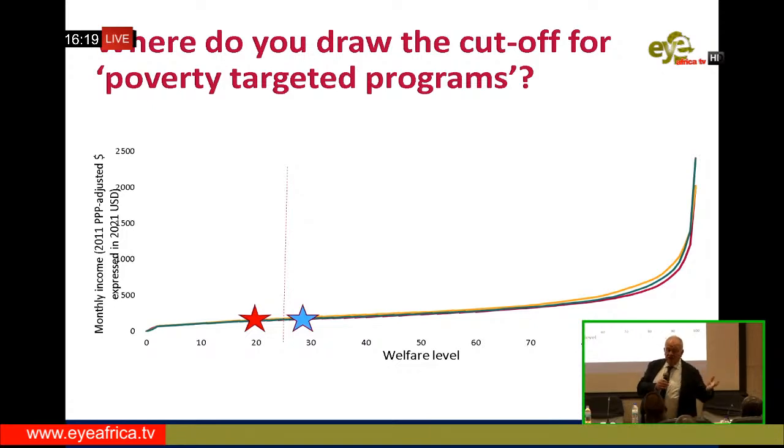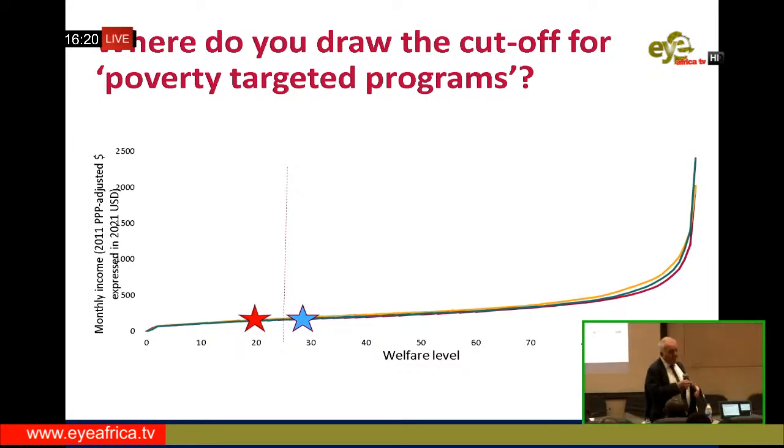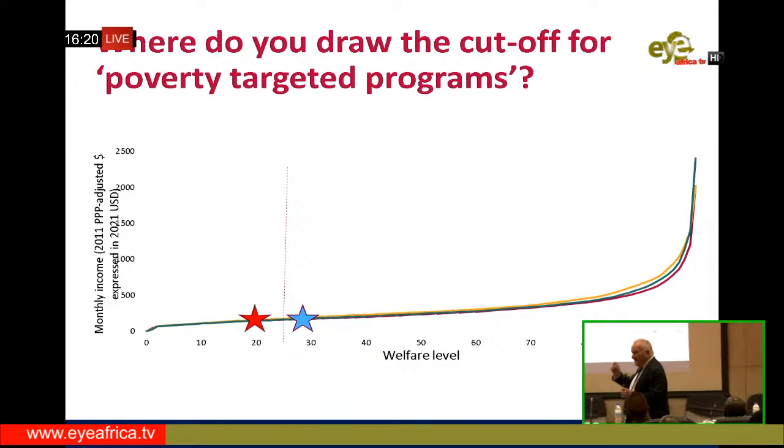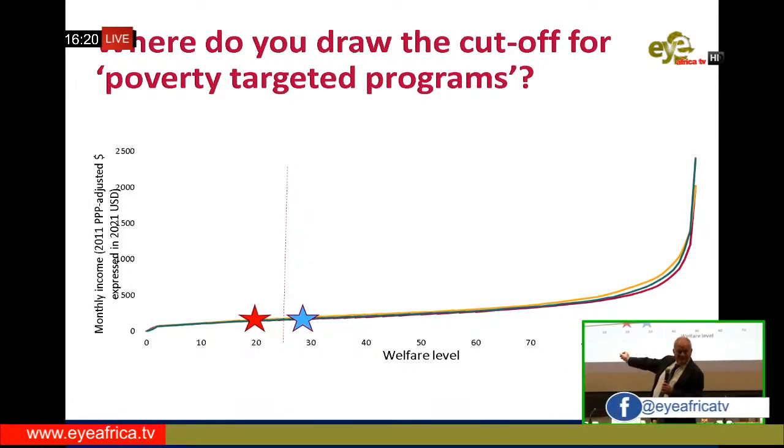But then he or she became ill or lost her job or lost her father or her brother and became in trouble. And suddenly she drops to the left. And red found a job a couple of weeks after we made the survey and then drops to the right. So this is the other thing that's happening. And the thing is that you don't need big changes. The difference between what red and blue earns is about $10, $15 a month, given your type of income distribution.